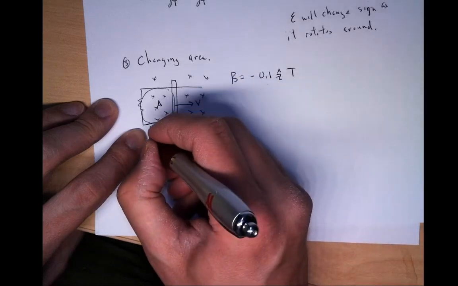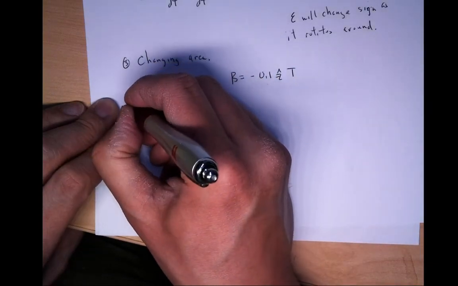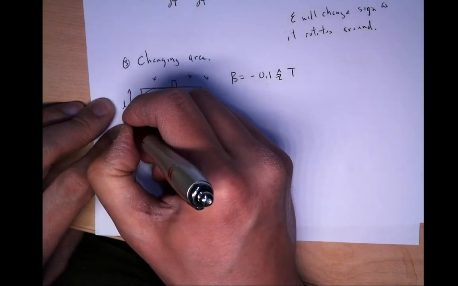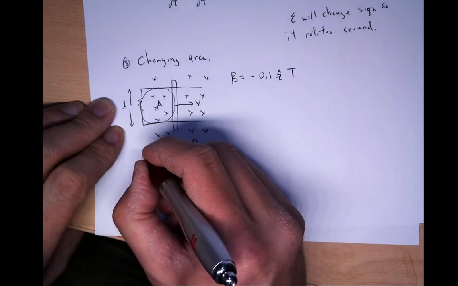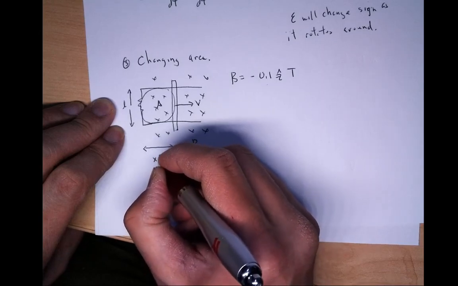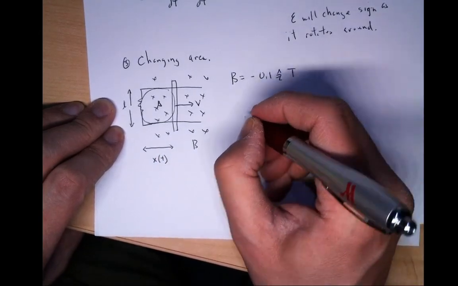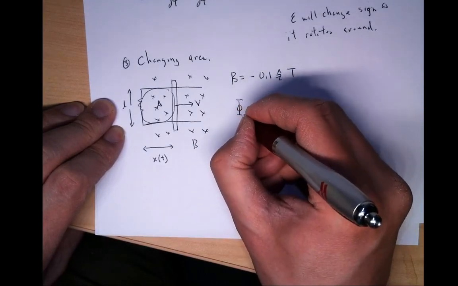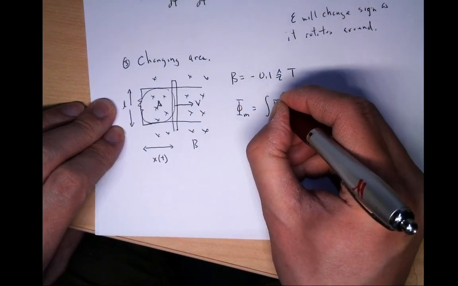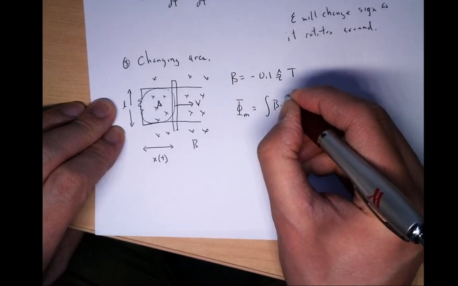This is going to be some length, and some width, which I'll call x of t. If we go ahead and compute this, phi sub m is equal to the integral of B dot dA.